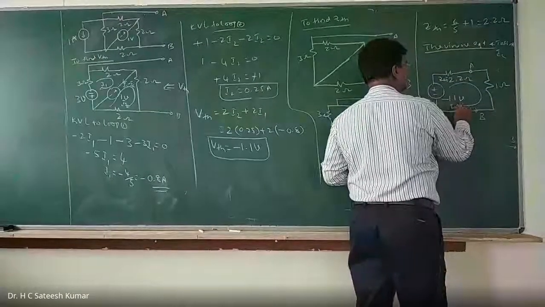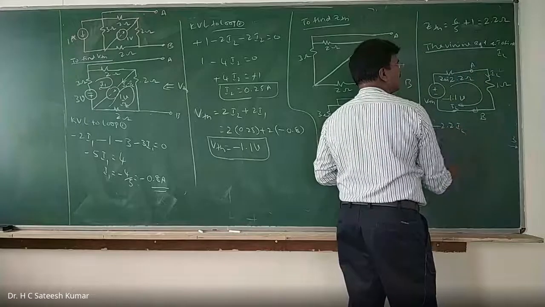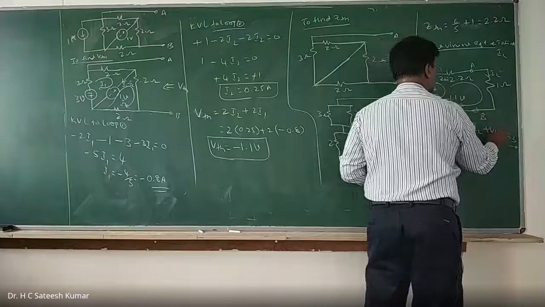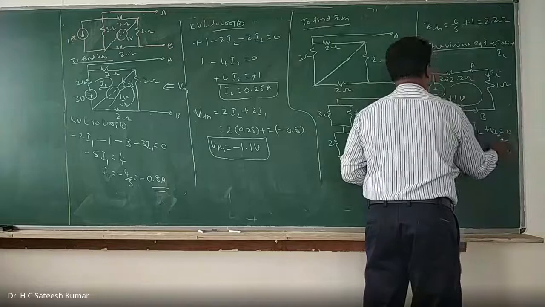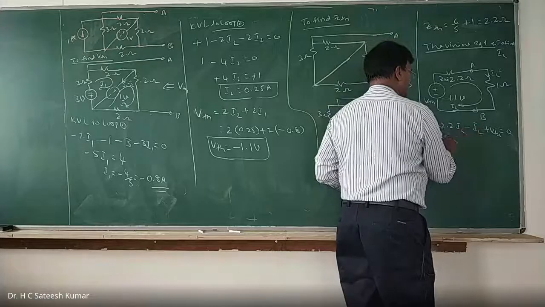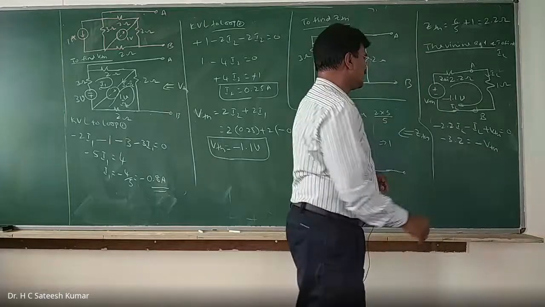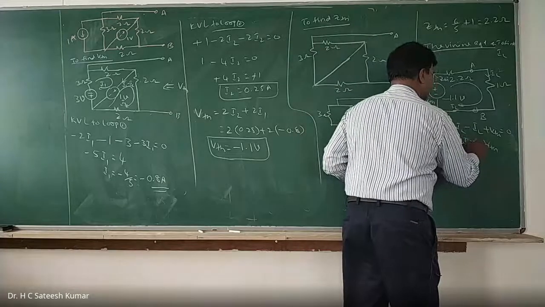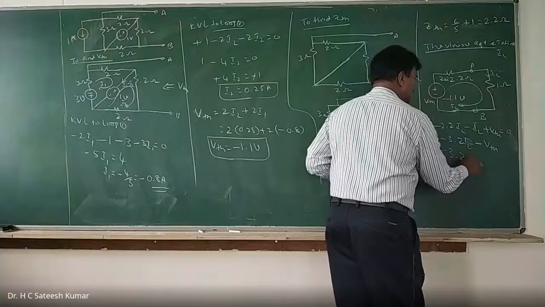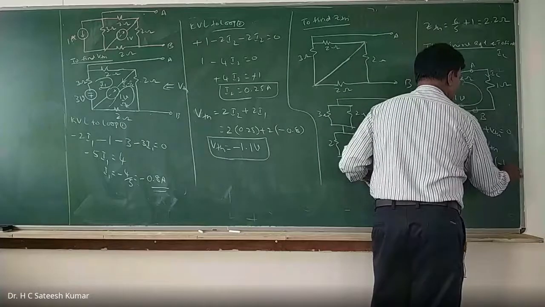This is your IL. Right, minus 2.2 into IL, minus 1 into IL, minus 2 plus VTH is equal to 0. Now you substitute the values. Minus 2.2 minus 1, minus 3.2 IL is equal to minus of VTH, which is minus 1.1.